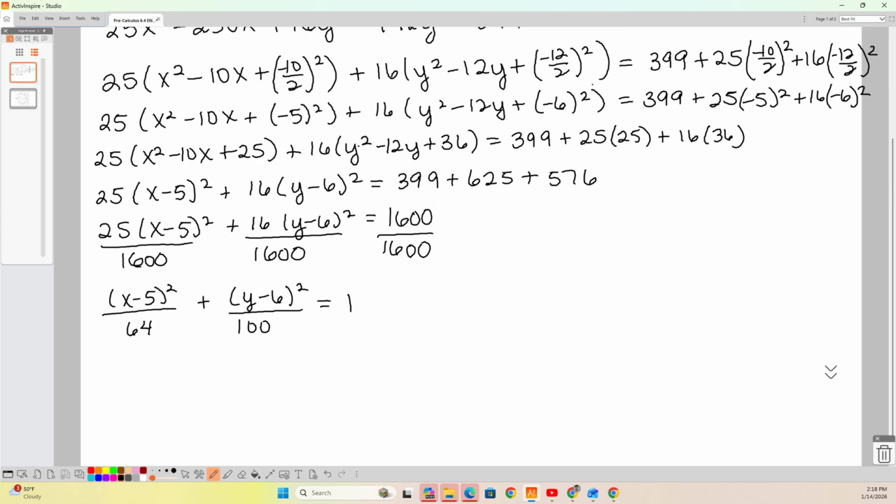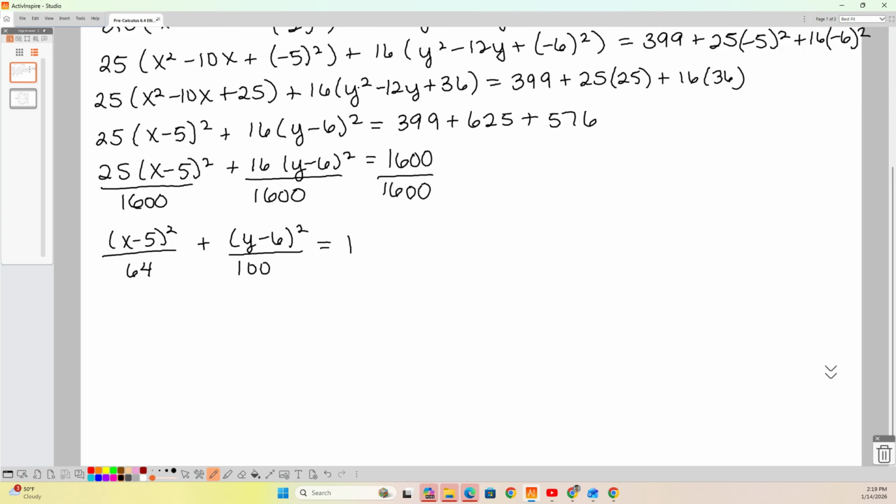And we've written the equation in standard form. But I'm going to write this equation a little differently. 64 is 8 squared, and 100 is 10 squared.